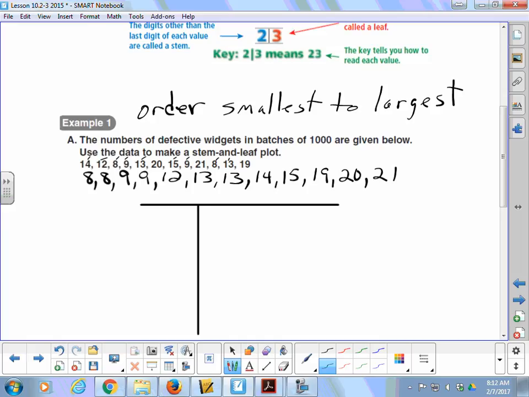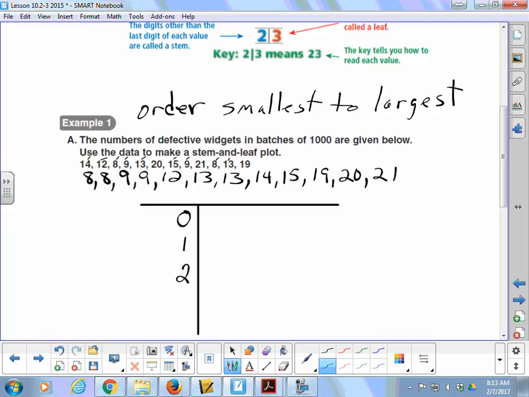So here we're dealing with single digits and tens digits. So on the left-hand side, I'm going to have a 0, a 1, and a 2. All right? So 0 represents all the ones digits. The 1 represents all of the tens, numbers from 10 to 19. And the 2 represents all the numbers from 20 to 29 then.